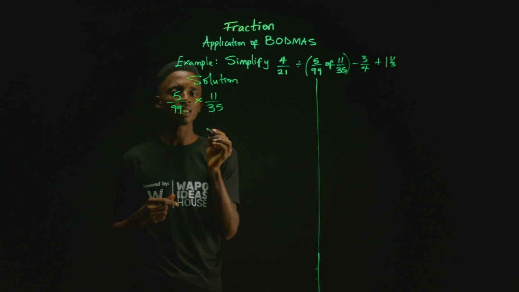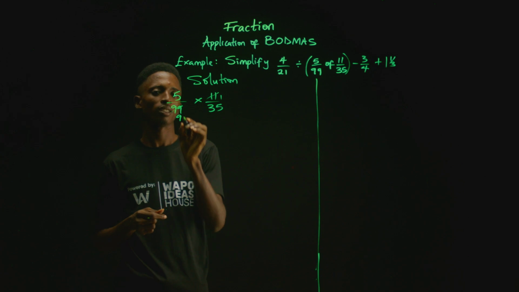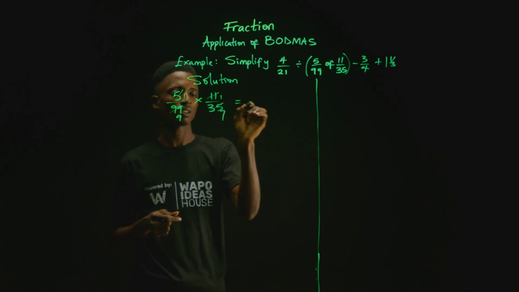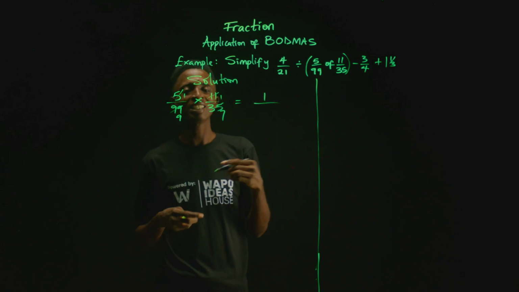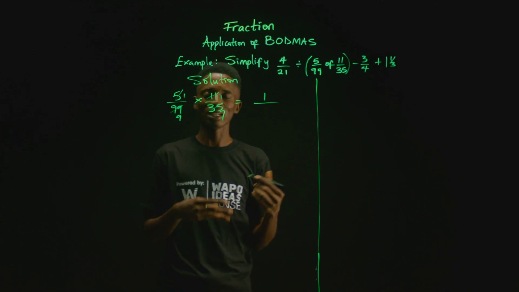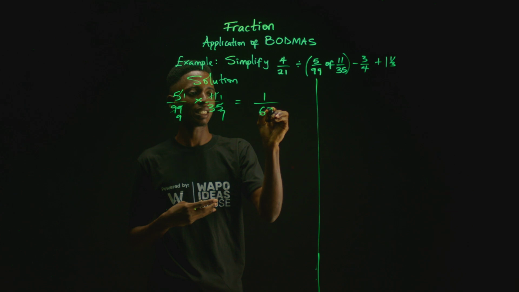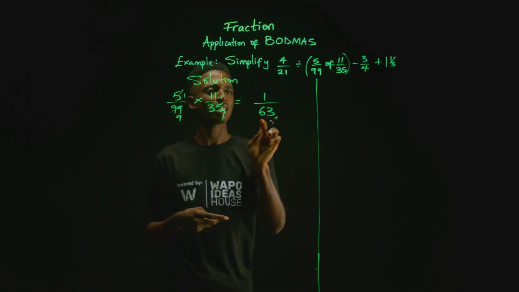And to simplify this, of course, 11 here 1, 11 here we have 9. Then 5 here 1, 5 here we have 7. So 1 times 1, that's 1. And then 9 multiplied by 7, which is same thing as 7 multiplied by 9, and that will give you 63. So for the brackets now we have 1 over 63.